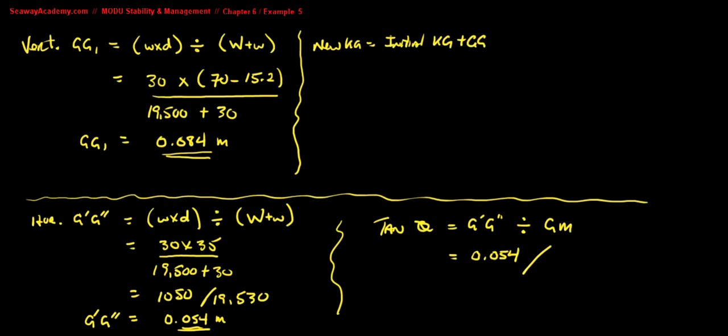And the center of gravity is moving up, so you're going to be adding it in this case. So the shift of G is 0.084 meters. So you'll be adding that to the 15.2. This gives you a KG of 15.28 meters.